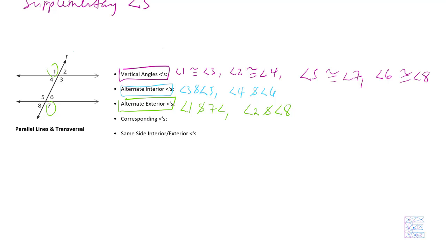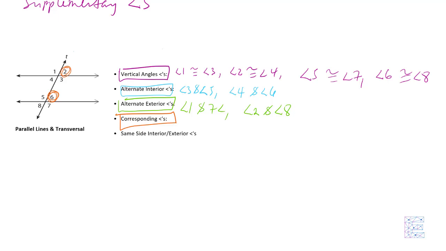Our next relationship is the corresponding angles. Corresponding angles are angles that occupy the same position just on different lines. An example of that would be angle 2 is on the top right side of that intersection. It's corresponding to angle 6, which is also on the top right of that intersection.